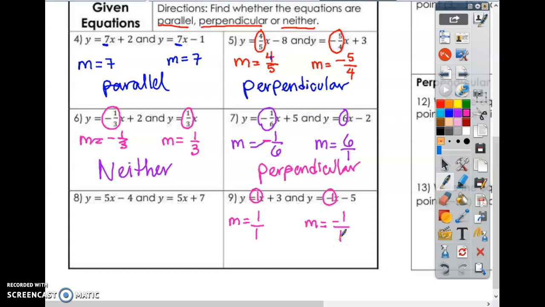Remember, if it doesn't have something underneath, just put it over 1 all the time. So I know that they have different signs. One's positive, one's negative. And when I flip them, they do flip, 1 over 1. So are these perpendicular, yes or no? Yes, they are perpendicular.